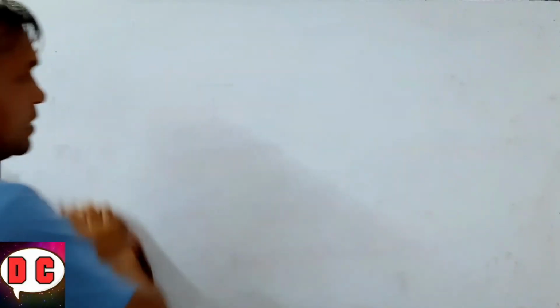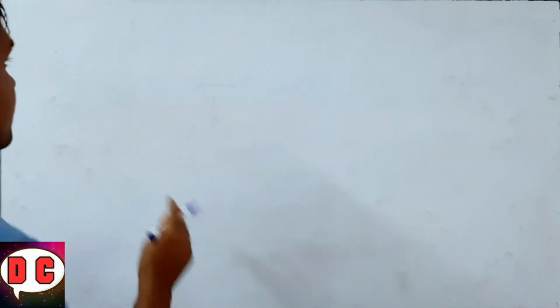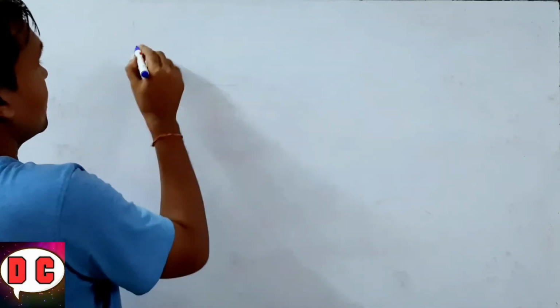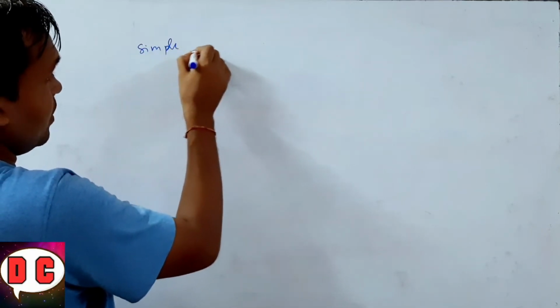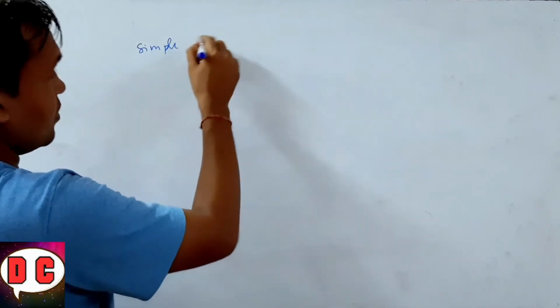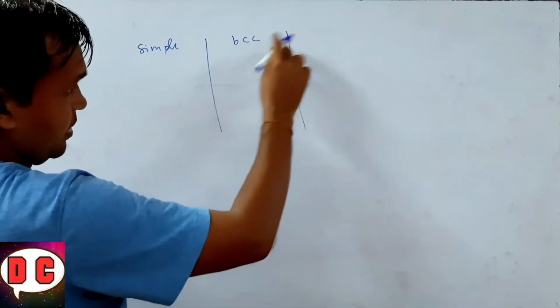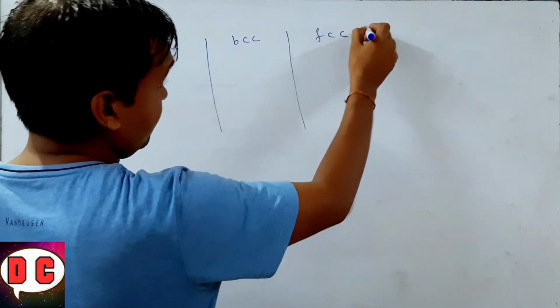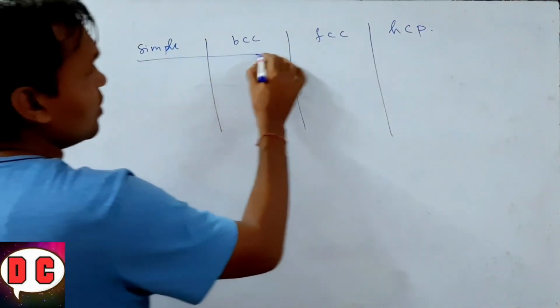Close packing efficiency means that there are different types of structures: simple lattice, then BCC, body centered, then FCC, then HCP, hexagonal close packing.